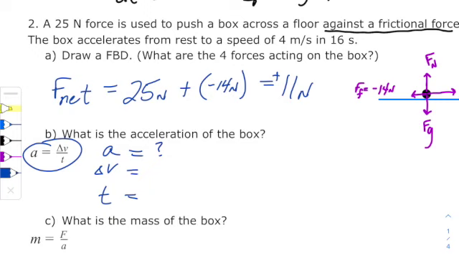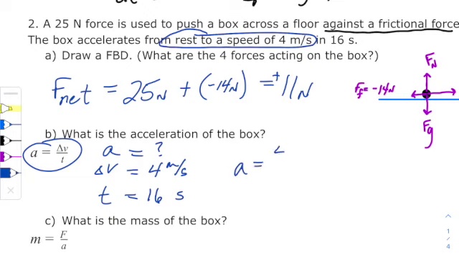Our change in velocity, it says up here we went from rest to 4 meters per second. So from 0 to 4 gives us a change of 4 meters per second. It says it took 16 seconds. So we're going to solve for acceleration, 4 over 16 seconds.